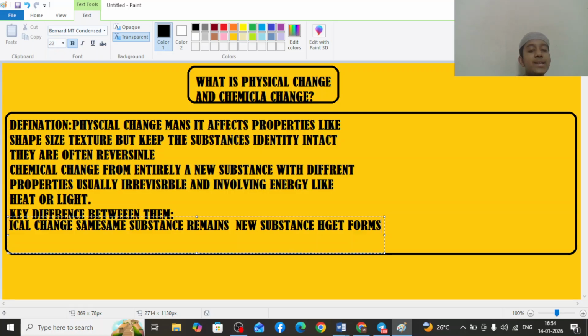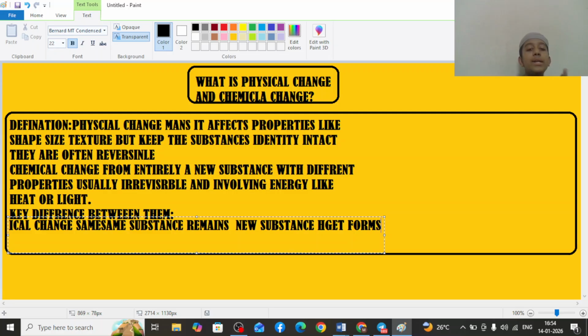When it eats the iron, we can't bring the iron back to its original phase. We can't bring iron back from the mercury. So like this, chemical changes are mostly irreversible. Some of them are reversible, but physical changes are usually all reversible.